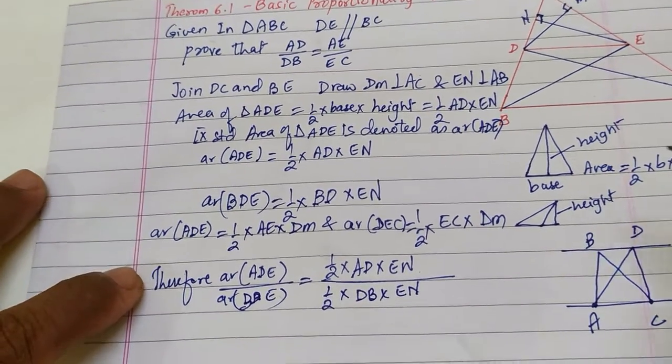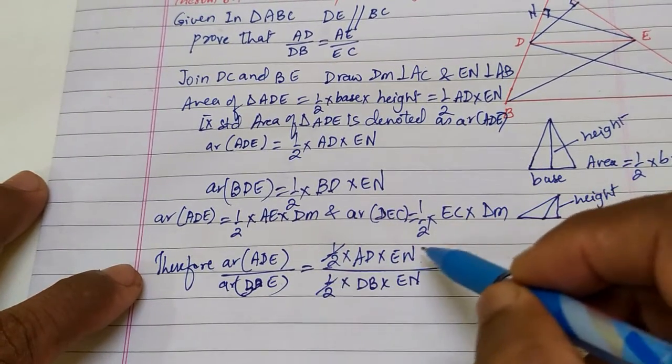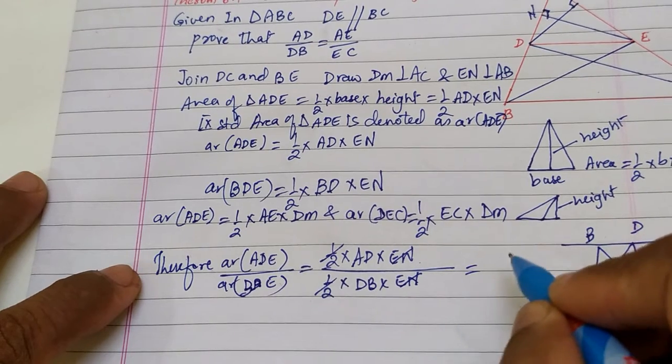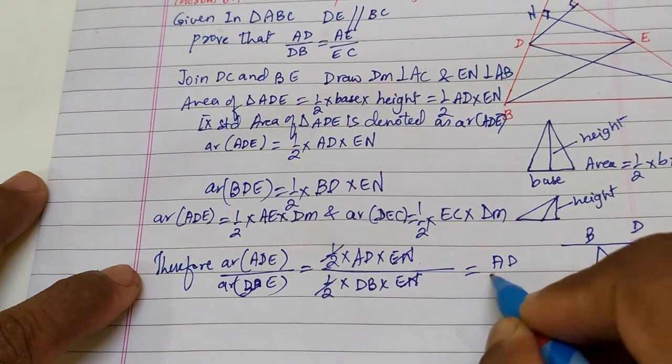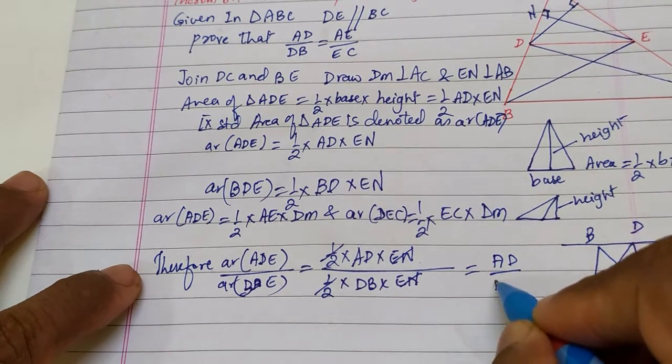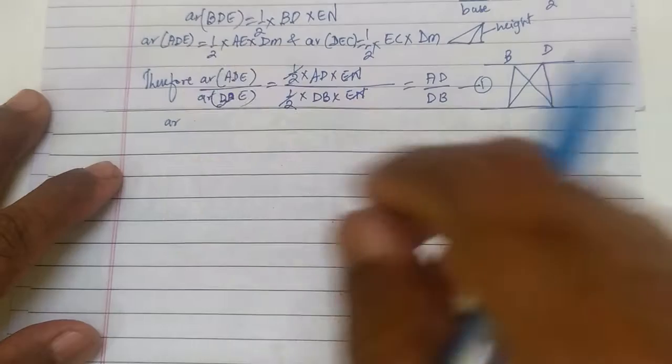Now we are going to cancel this half and EN, and ultimately AD upon DB is remaining.